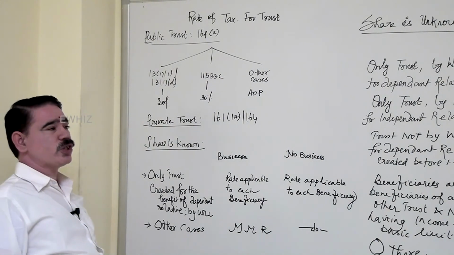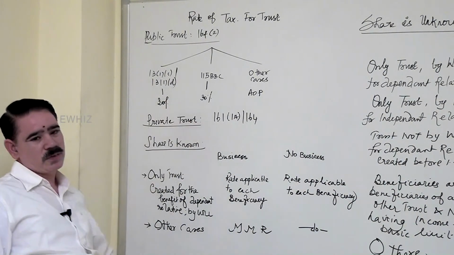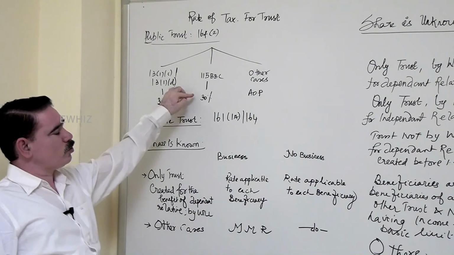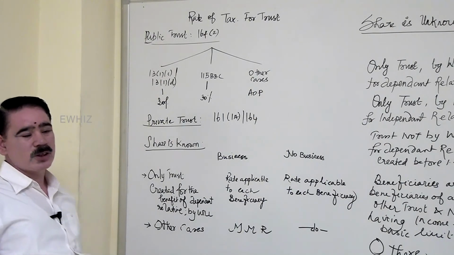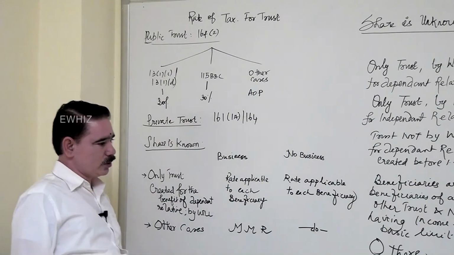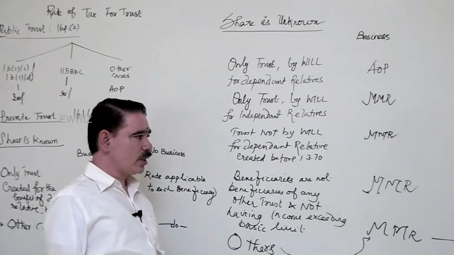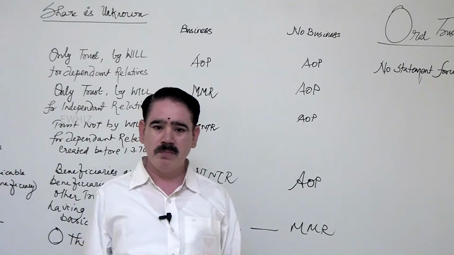Irrespective of application, retention or accumulation, it will suffer tax at the rate of 30%. Second, the threshold you have to exclude from the total income. That needs to be borne in mind in this case. So this is regarding the rate of tax for public and private trusts.